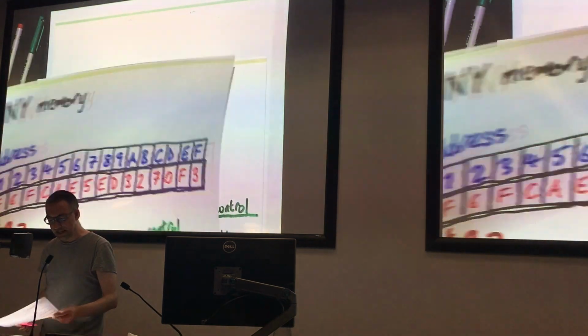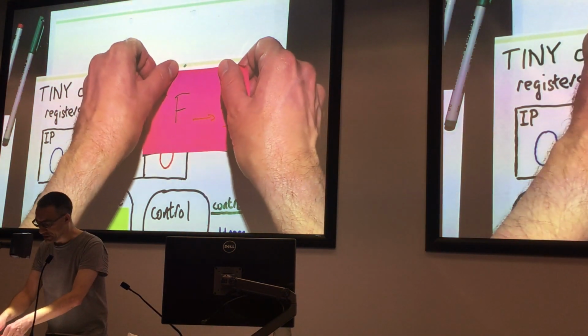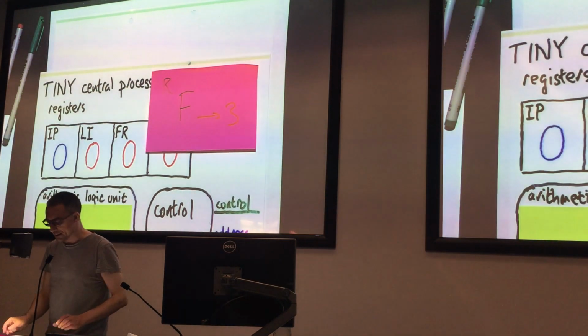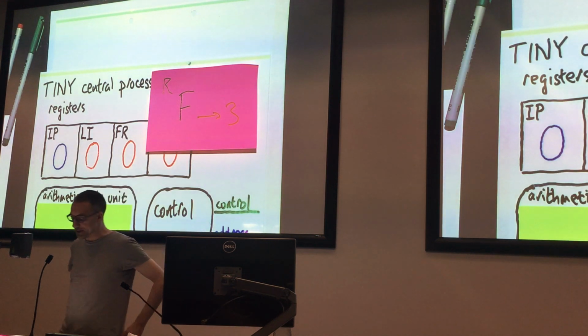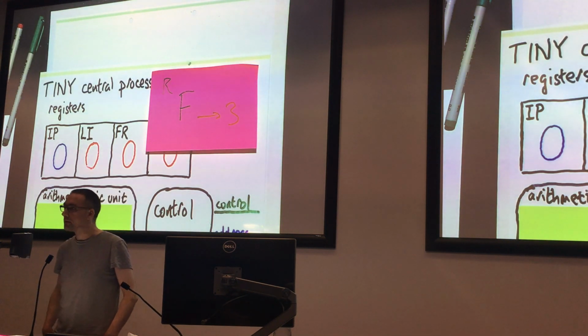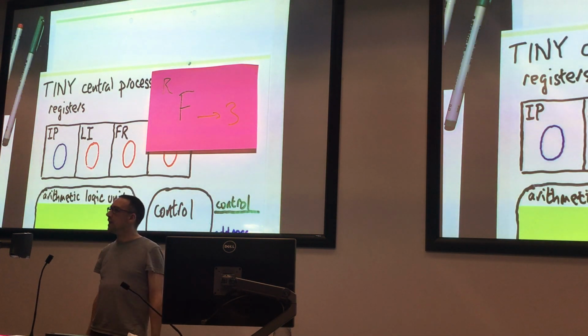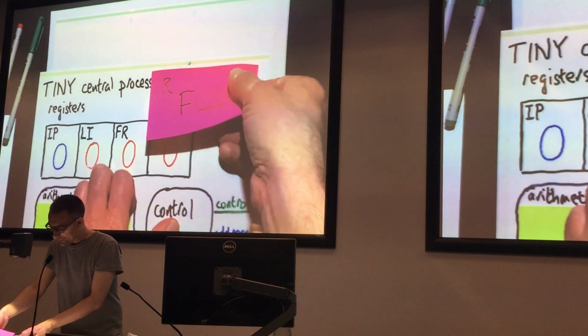So now we have completed the operand fetch and everything that comes with it. Well, that was really part of execute instruction. We've obtained the 3 that was stored in memory location F, and now we have to finish the last stage of the cycle.